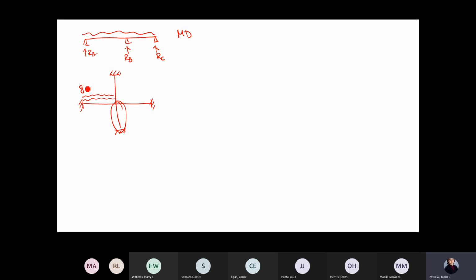This is GD plus QD. I'm using the D to say that I've used the partial safety factors. In the other span, I'm only going to use GD, although here you can use the characteristic permanent load if it's going to give you a greater moment at the joint. This again can be solved using moment distribution. I have shown you an example in the lecture. It takes one iteration, nothing complicated. So I don't think you're going to have any problems.